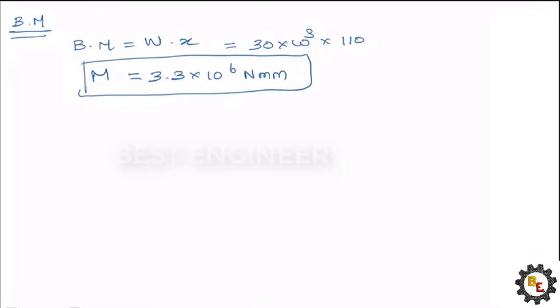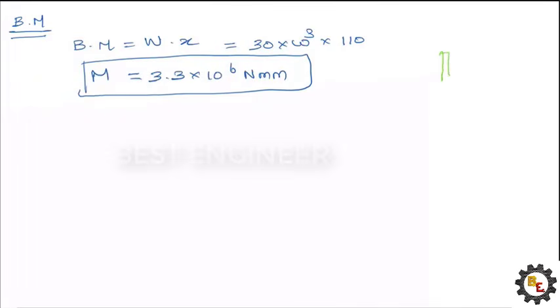Here the section XX is subjected to direct load also. See, this is the crane hook. We applied a direct load of 30 kilonewton, so it is acted on by direct stress also. Let's find the direct stress at section XX.